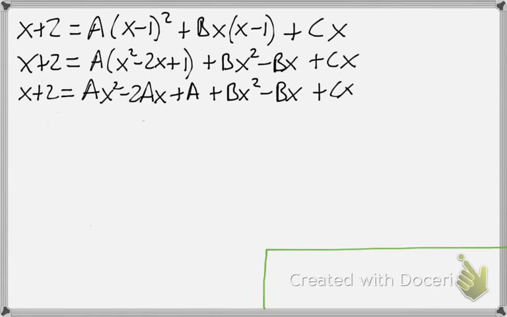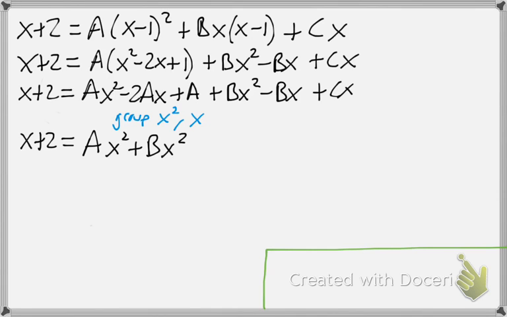Okay, so I want to now group the x squared terms and the x terms, and then the terms that don't have an x or an x squared, I want to put those at the end. So I have x plus 2 is equal to ax squared plus bx squared minus 2ax minus bx plus cx plus a.